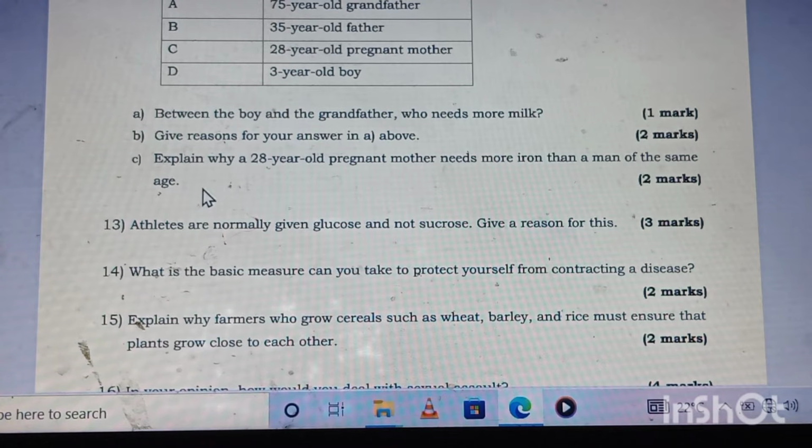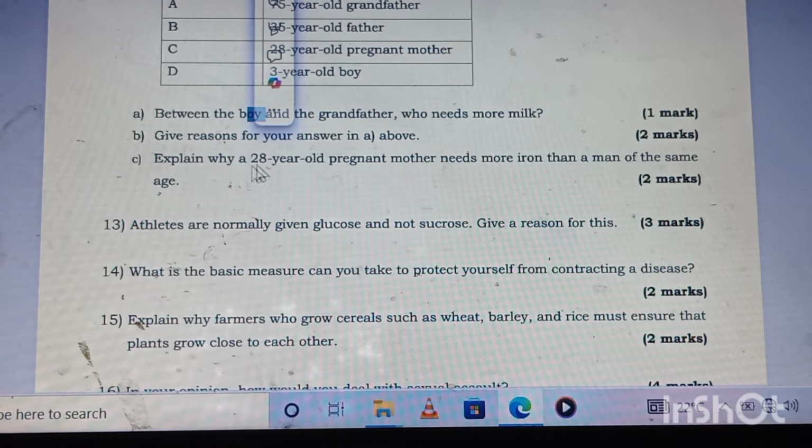Because the grandfather has stopped growing, he does not need growth. So for B, give the reason for your answer above. For A, between the boy and the grandfather, the one who needs more milk is the boy.